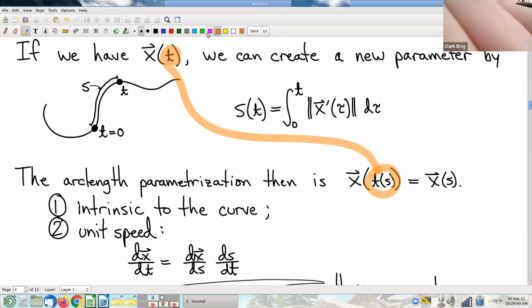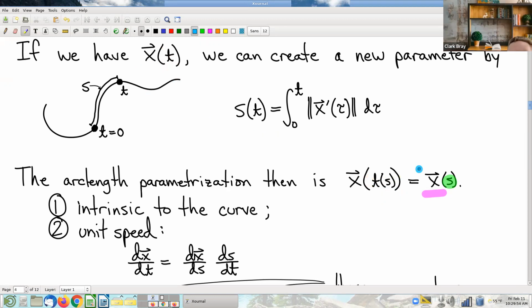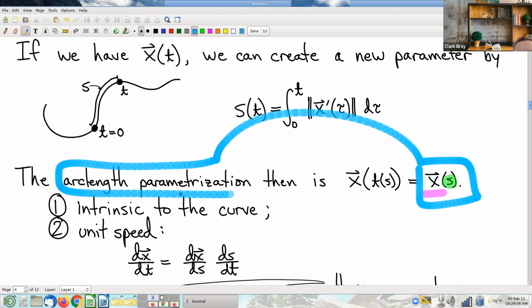And lo and behold, look what you get: position as a function of arc length. Altogether, this is called the arc length parameterization.